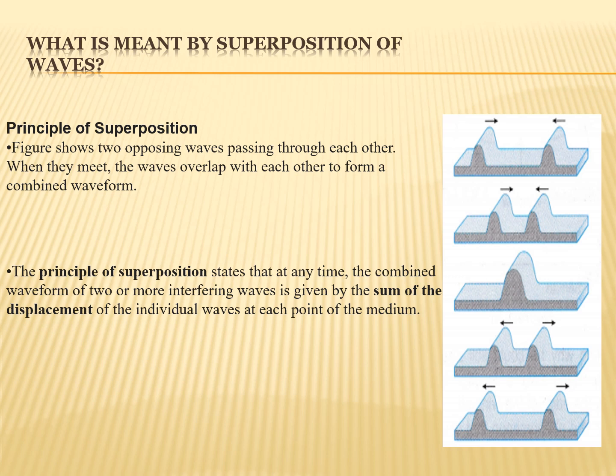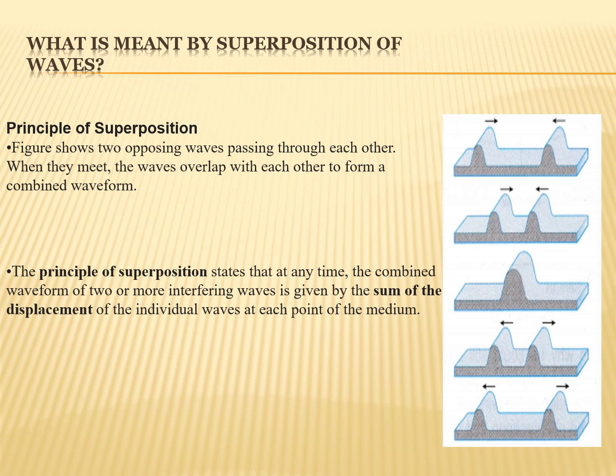Principle of superposition. In the diagram, it is seen there are two waves passing through each other. The waves overlap with each other to form a combined waveform, and this is explained through the principle of superposition.